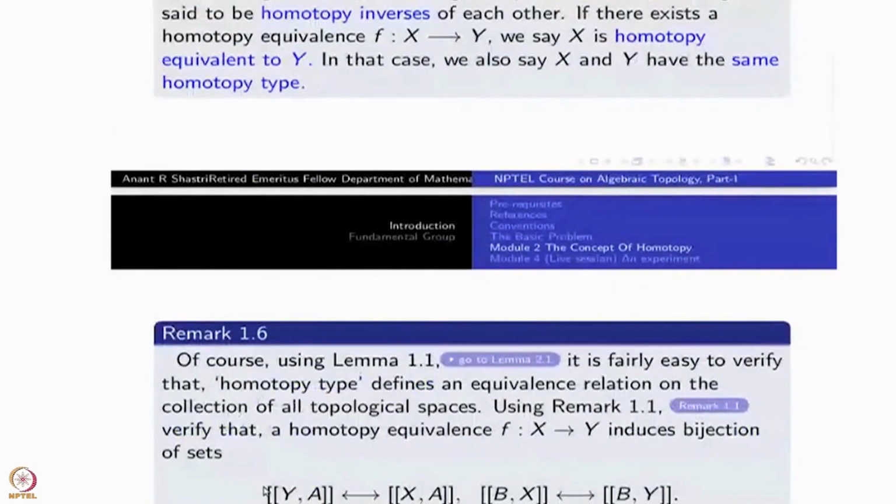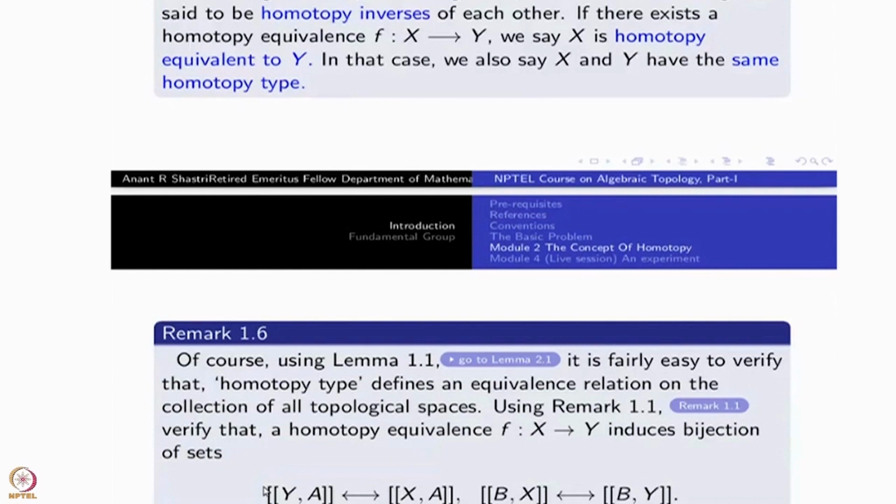Again, using Lemma 1.1, remember that, namely compositions of homotopies, you can go on and verify that if X is homotopic to Y and Y is homotopic to Z, then X will be homotopic to Z. Every space is homotopic to itself because the identity map is a homotopy equivalence, an inverse of itself.